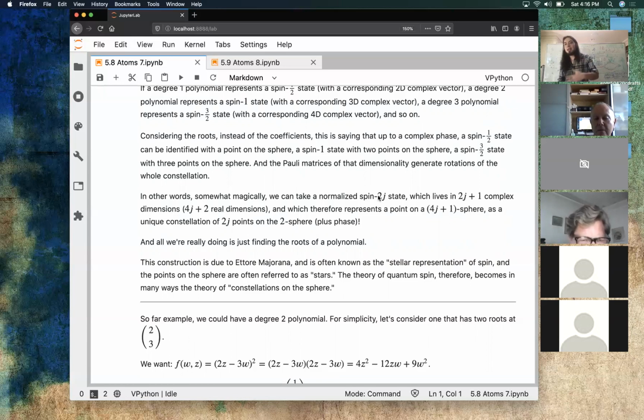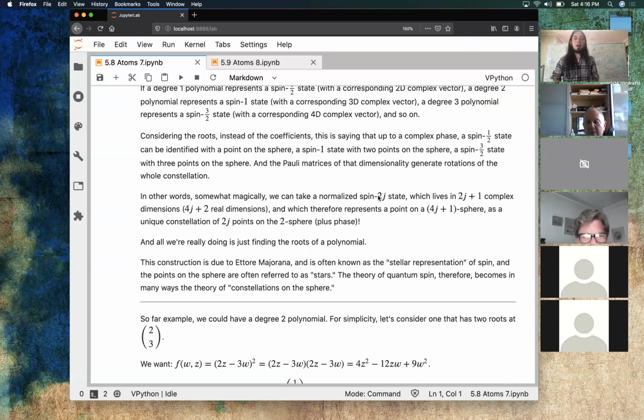So it's this sort of surprising fact that, due to the normalization condition, you can have this n-dimensional complex state that represents some spin j something. And it represents a point on some higher dimensional sphere, as I say, due to the normalization condition that the length of the vector has to be 1.